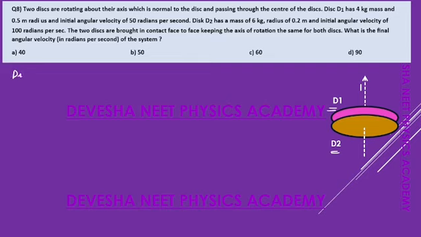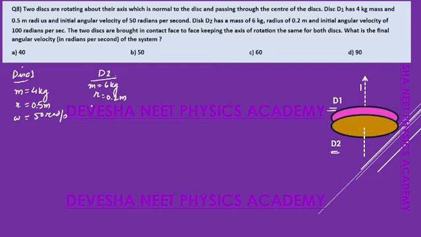For disk 1, the mass is 4 kg, the radius is 0.5 meters, and the initial angular velocity is 50 radians per second. Disk 2 has a mass of 6 kg, radius of 0.2 meters, and angular velocity of 100 radians per second.